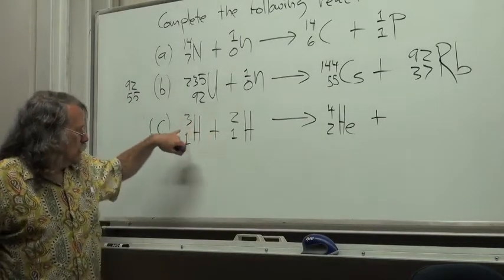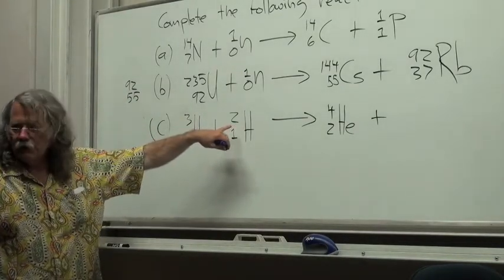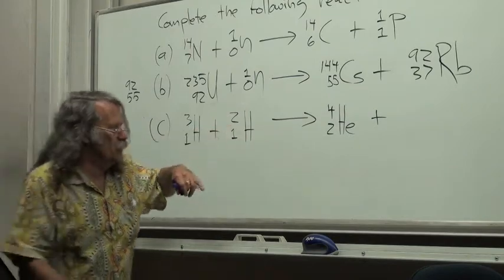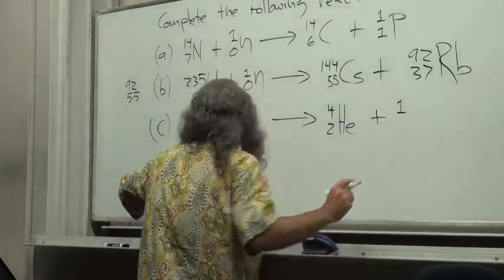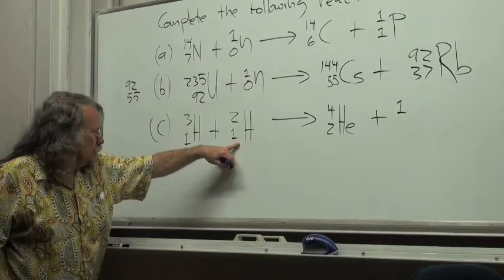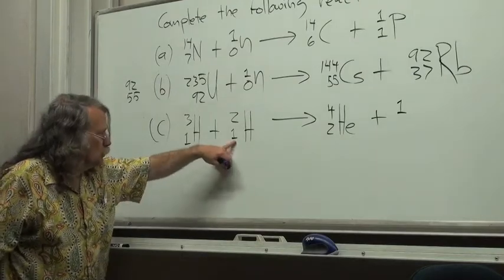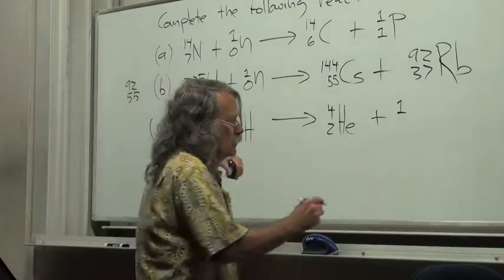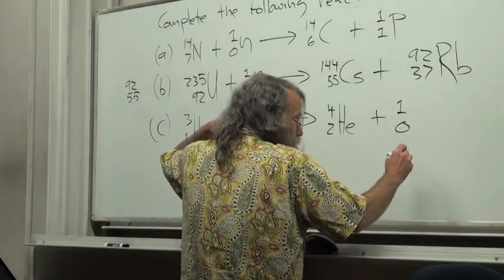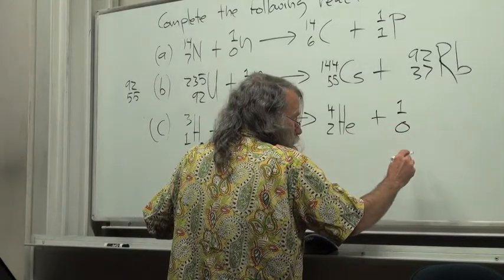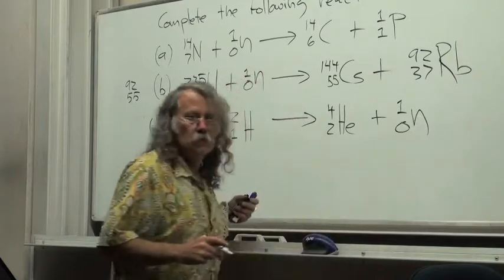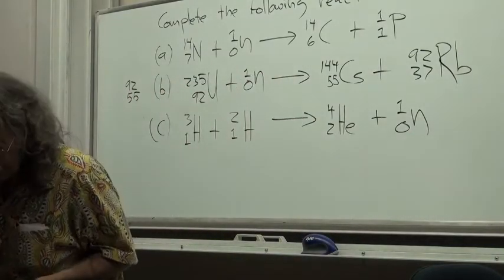My atomic mass number is 5, so what does this have to be? 1. And my charge number is 2, so what does this have to be? 0. And that corresponds to a neutron. Okay, so we balance that reaction.